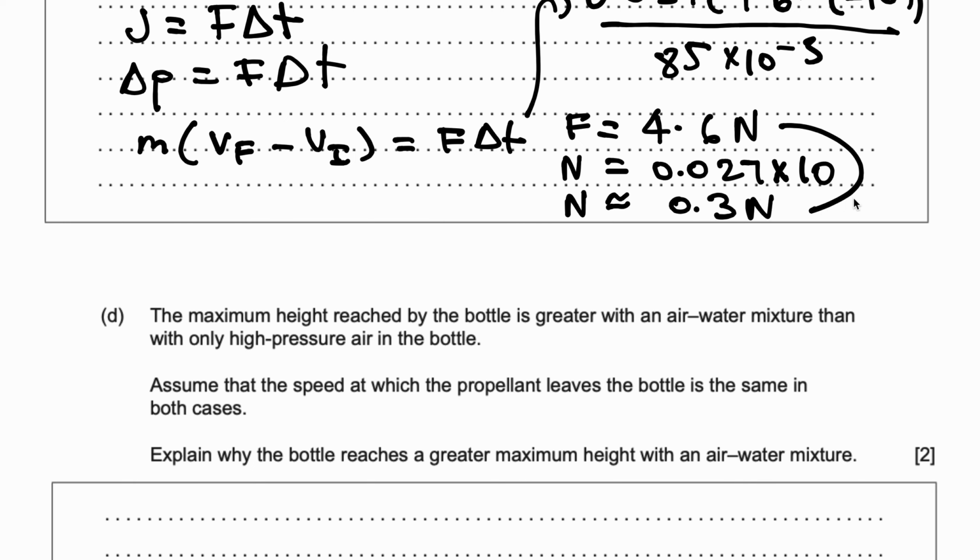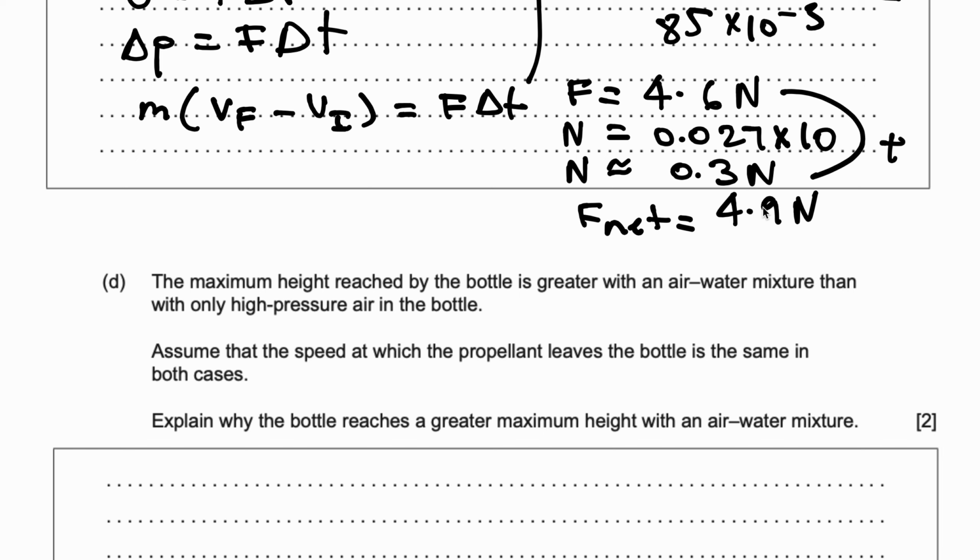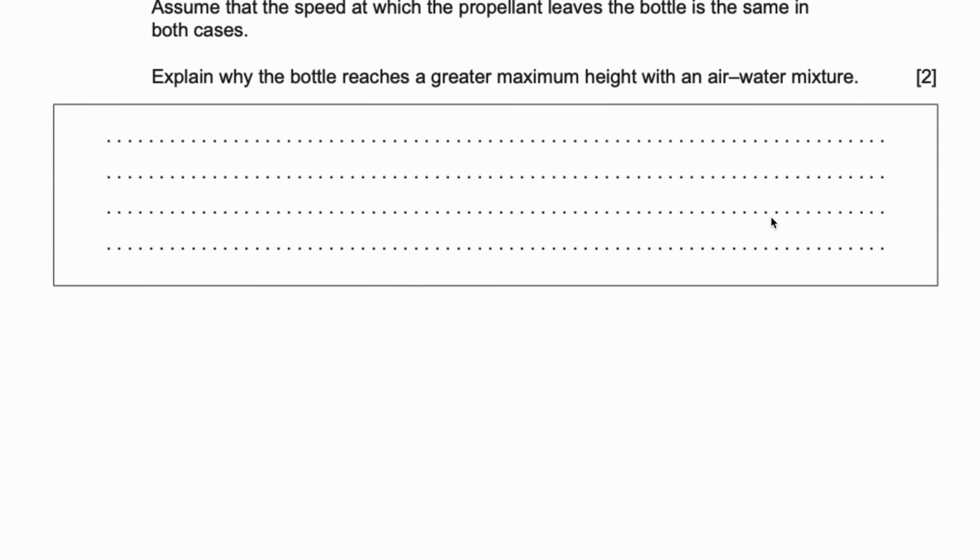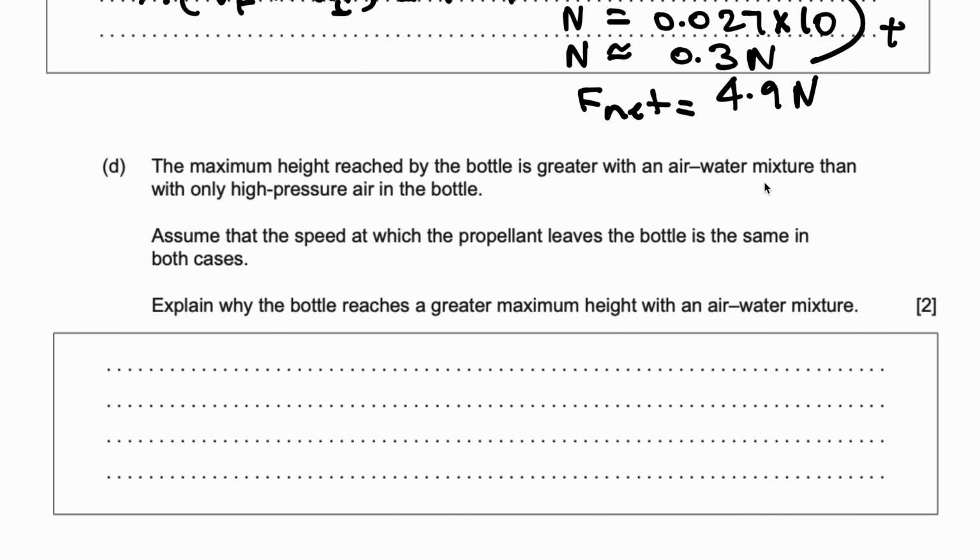So if I add up both of these, I get the net force is equal to 4.9 newtons. Because we need to consider that there's also normal force which is being exerted by the ground when the bottle is in contact. So 4.6 plus 0.3 equals 4.9 newtons. That's the average force.